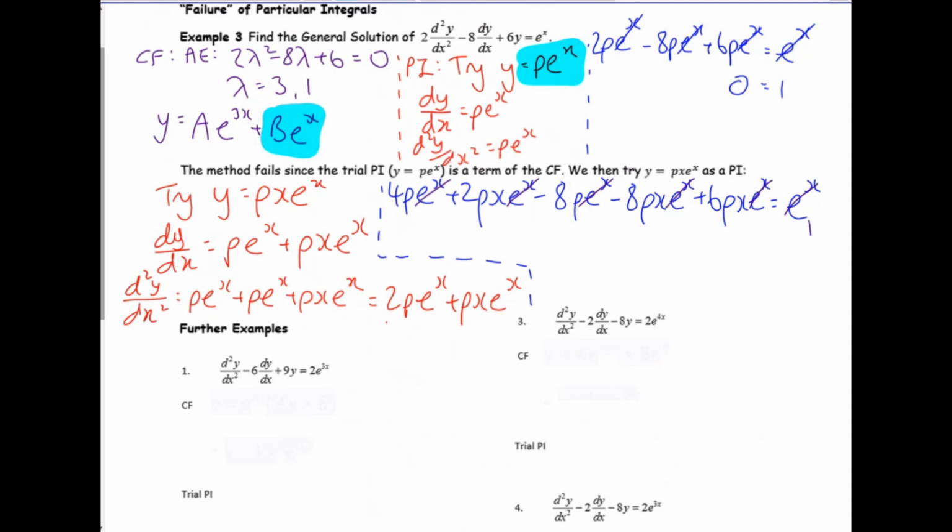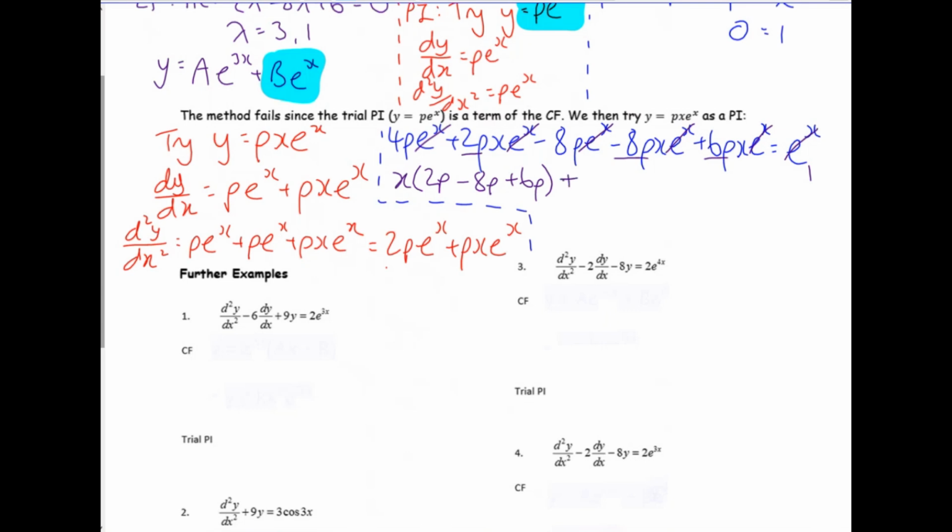Get rid of all the e to the x's and start collecting up our like terms. Collecting up our x terms, we have 2p from here, minus 8p from here, and plus 6p from here. And so that just disappears, which is what we were hoping for because there's no x on the right hand side.